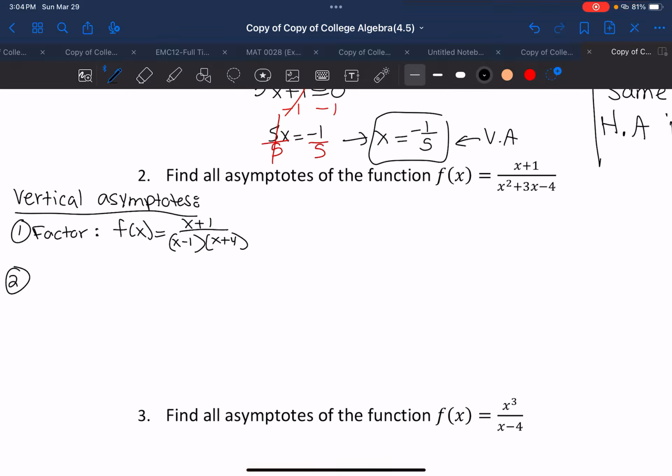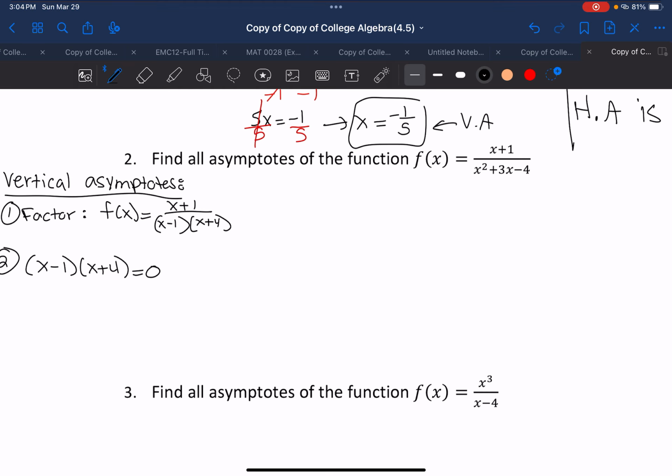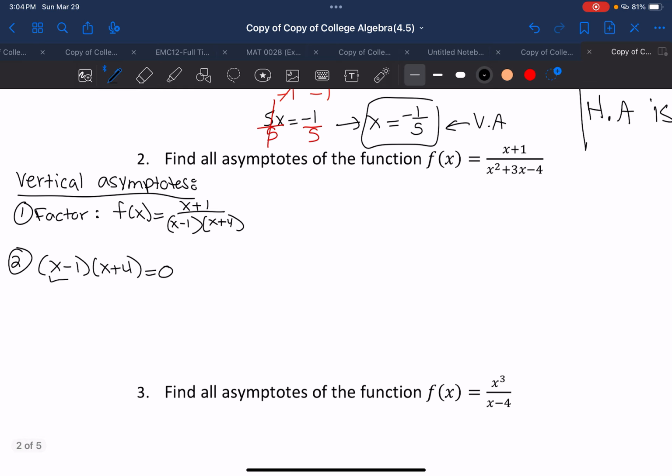So step 2, I set the whole denominator equal to 0 and I solve for x. So I take x minus 1 and set it equal to 0, and I take x plus 4 and set it equal to 0.